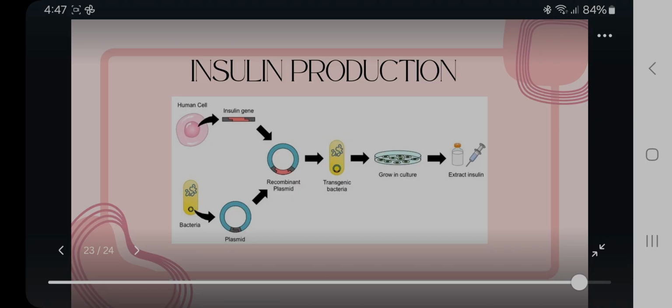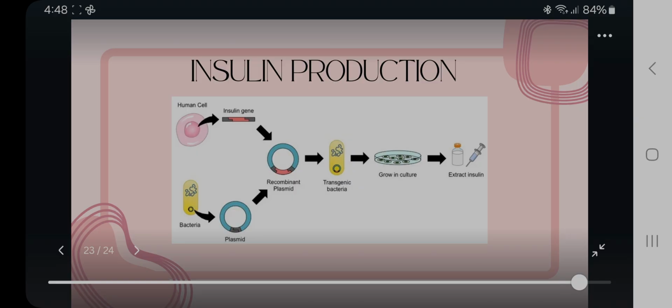So the plasmids are being mass produced as the bacteria multiplies, and the insulin gene is also being mass produced. And insulin is produced when the gene is expressed, and it's separated now. Like in the final stages, we extract the insulin and it's separated and purified, and it's used in diabetic patients.